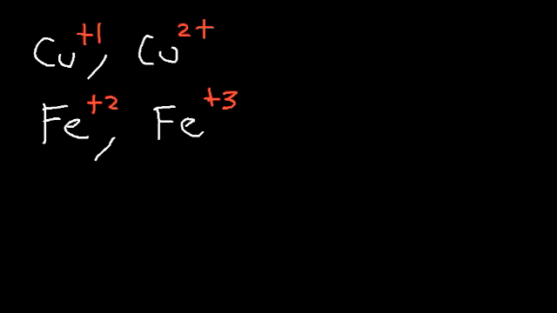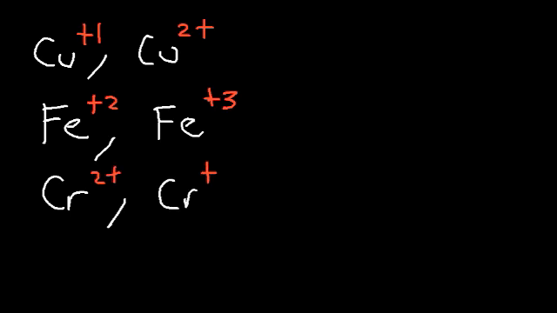It has a +2 and a +3 oxidation state. And chromium also has multiple forms. Two common forms are the Cr+2 ion and +3 ion. Now in chromate, the oxidation state is +6.